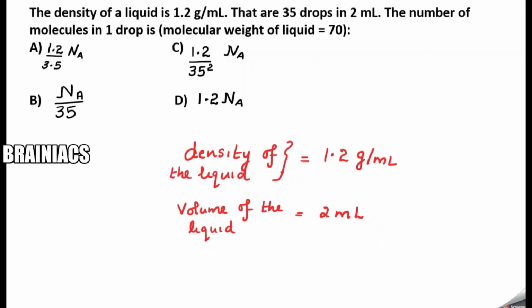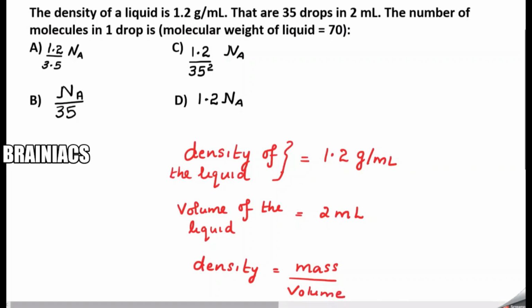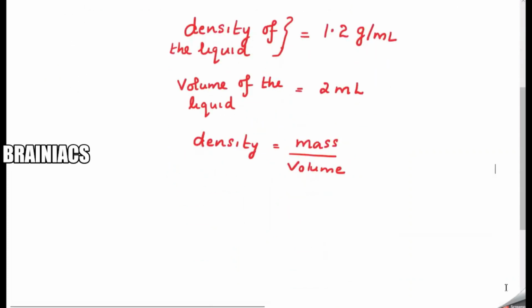We know the density of this liquid. Now what we can find out, we have our standard formula: density is equal to mass divided by volume. Now we want to find out the mass actually.